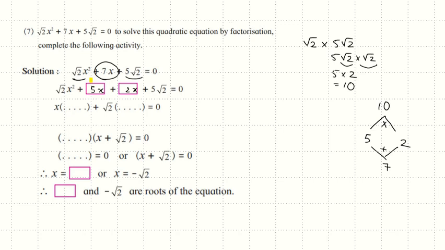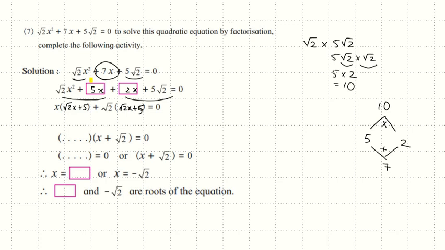Now group these two and take x as common and group these two terms and solve the equation further. So if we take x as common, we get root 2x plus 5 plus root 2 is already taken outside. Therefore, in the bracket we will get root 2x. That is root 2 into root 2 will give us 2 and this x plus 5.